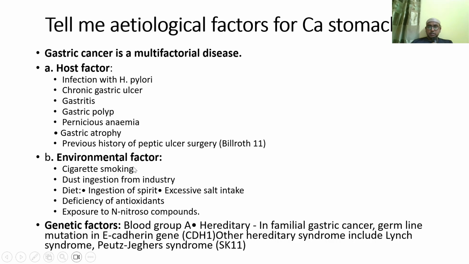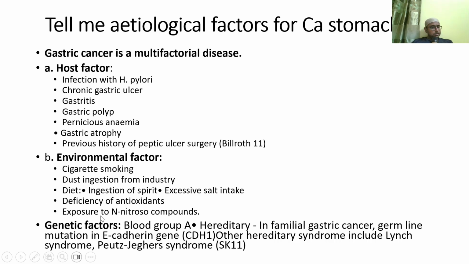In the environmental factors, we all know that all cancer has some evidence of mutations, like cigarette smoking, chronic carcinogen exposure, dust ingestion from industry, diet, ingestion of spirit, excessive salt intake, and seafood. Sometimes seafood has nitrosamine compounds, which can cause early gastric cancers.